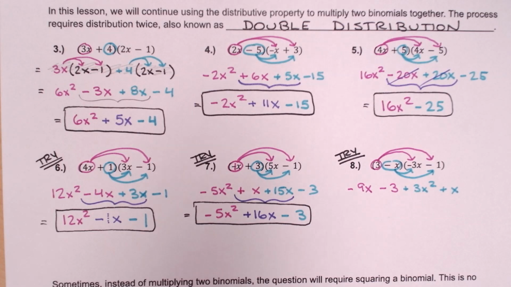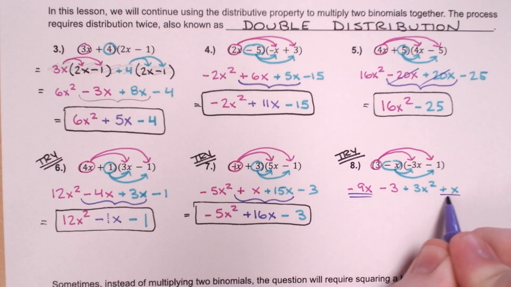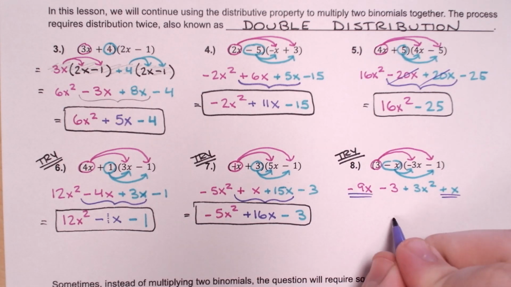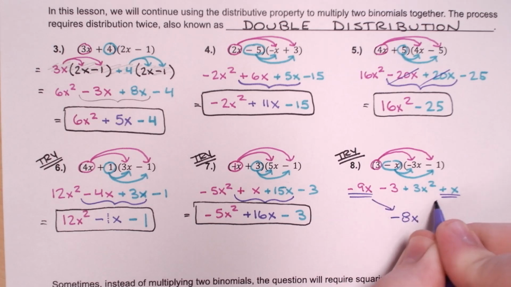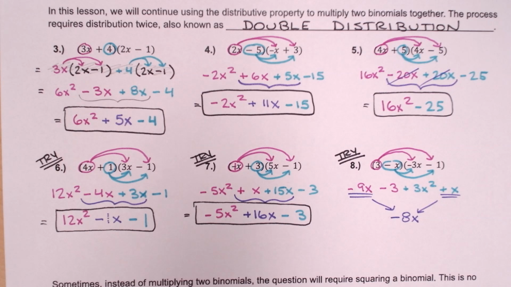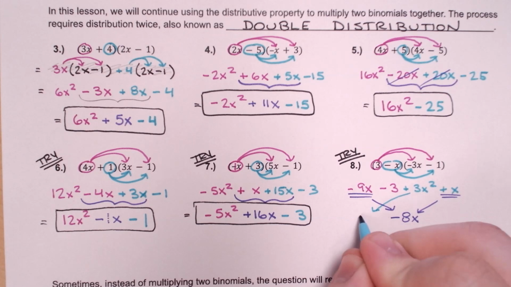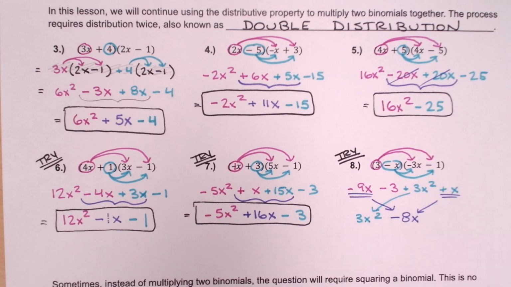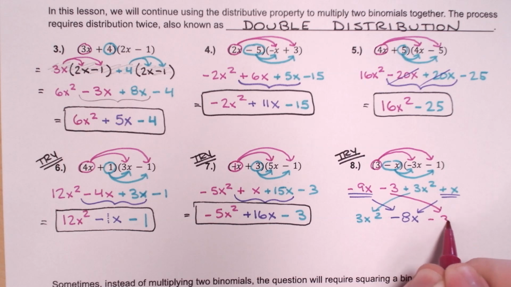We've got to be careful here because our like terms are not in the middle, they're actually on the edges. I've got negative 9x and positive 1x. Those are going to add to negative 8x. To have this in standard form, I'd want to have the 3x squared up front, and that minus 3 on the back.